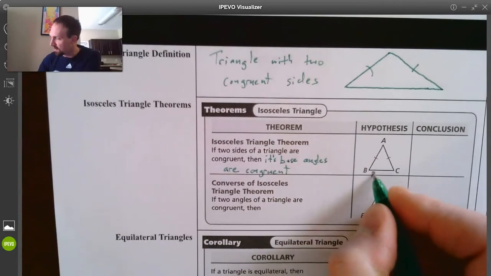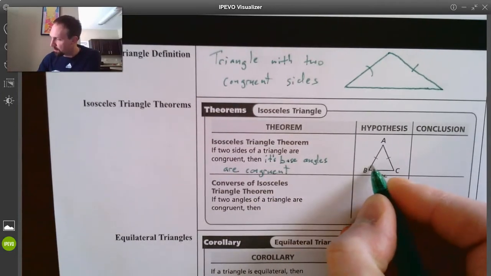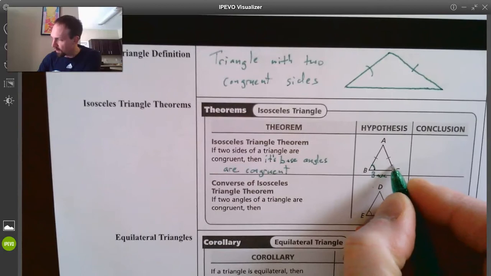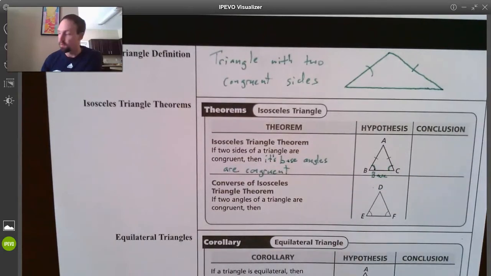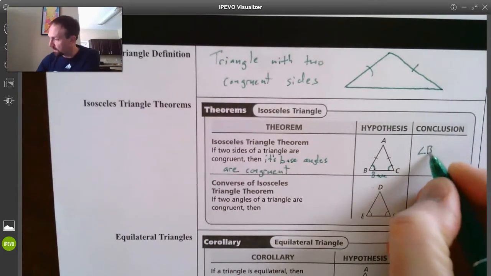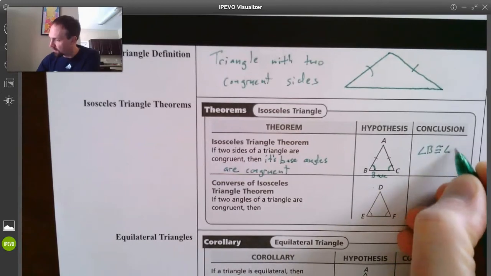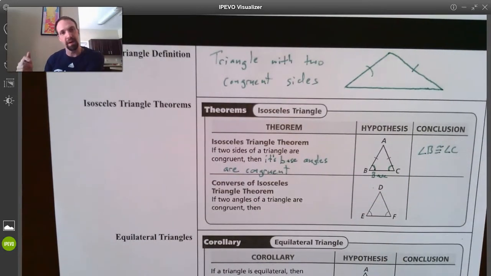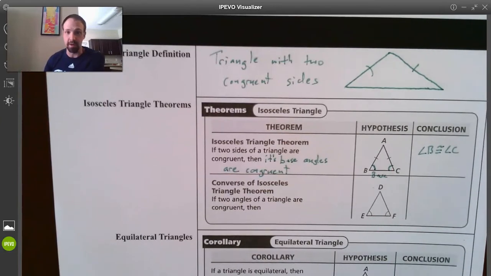So BC here is the base. So the base angles would be this one here and that one here. So angle B is congruent to angle C. Remember, we use the congruent symbol for angles, and we would say the measurements are equal.